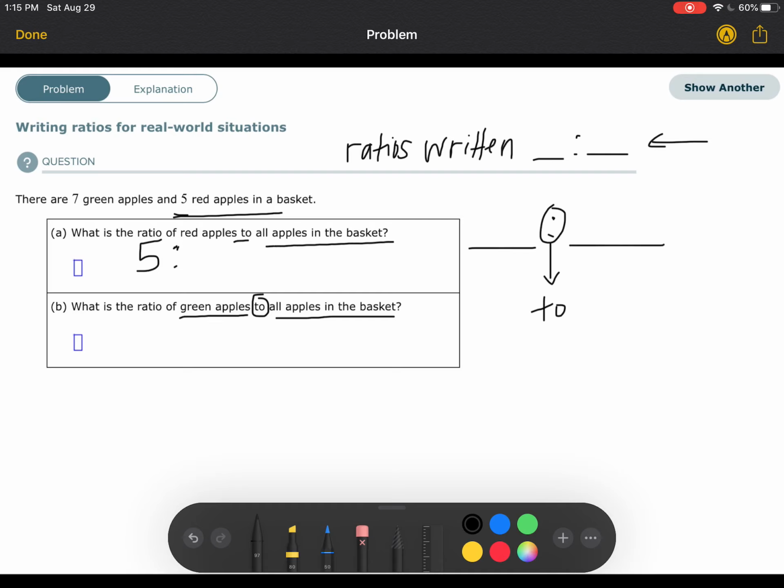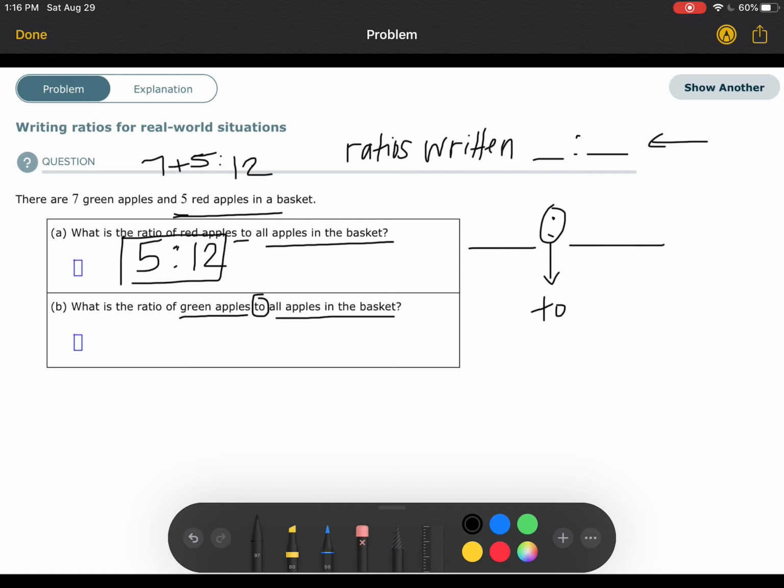And then all the apples in the basket. But really quick, you say, well, I have green apples and red apples in the basket. Altogether, that's 7 plus 5, which tells you that there are 12 apples total in the basket. Okay, so how many apples are there in the basket altogether? 12. Okay, this is literally all you have to do. That is your answer for that question.